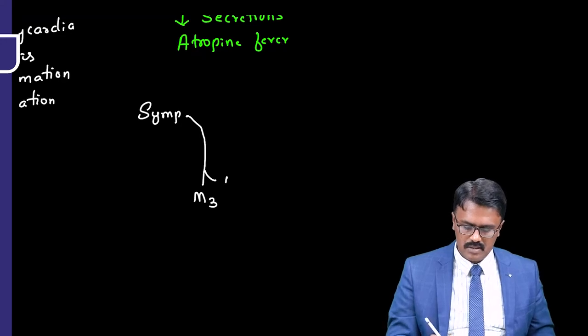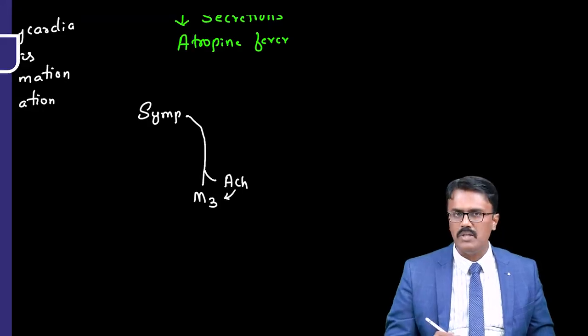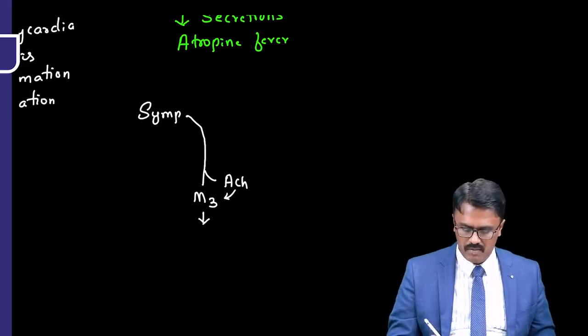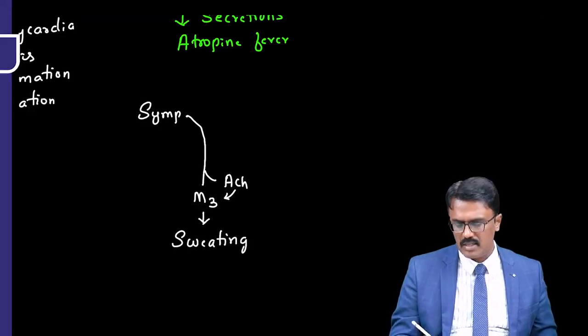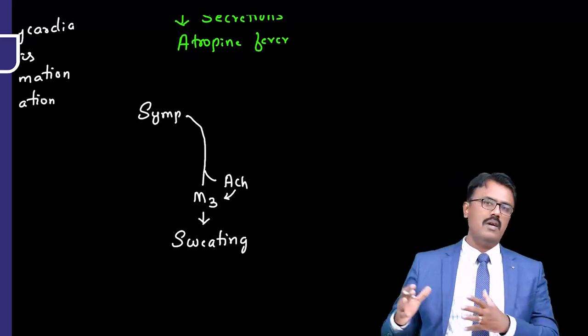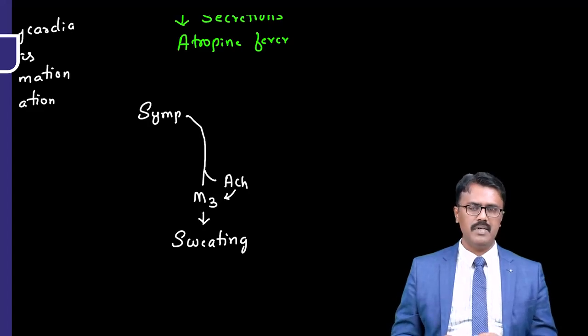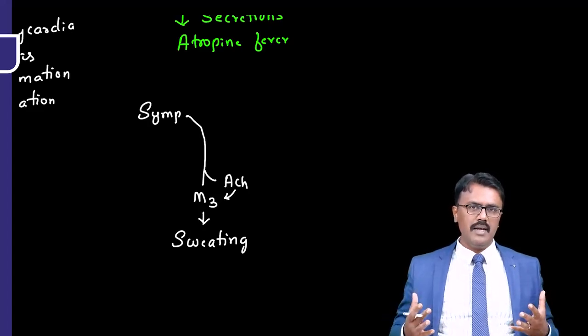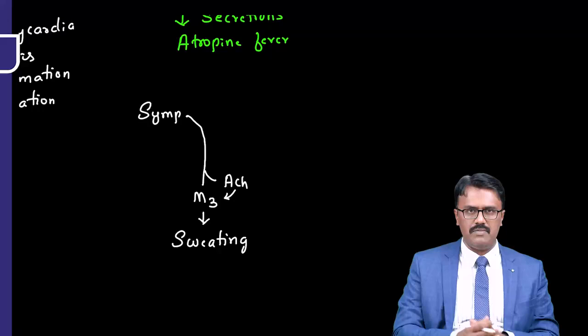So sweat glands, they have cholinergic fibers which release acetylcholine, which acts on M3 receptor, and patient will have sweating. Now these sweat glands are called thermoregulatory sweat glands, meaning they regulate our body temperature. So when the temperature is high, they will increase the sweating, so body temperature goes down.